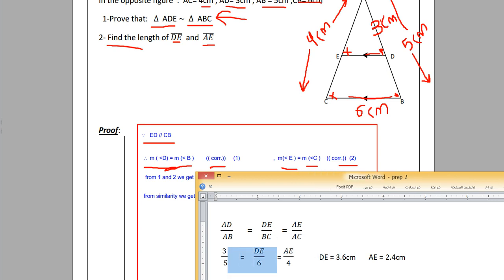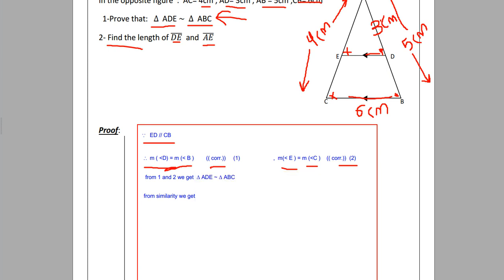To get DE, we multiply 6 by 3 over 5, which is 3.6 centimeters. And to get AE, we use these two fractions: we multiply 4 by 3 over 5, which is 2.4 centimeters. Okay, so this is the first example.